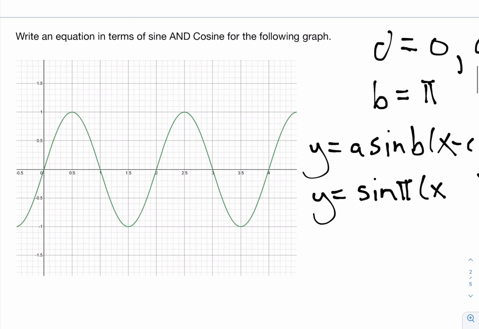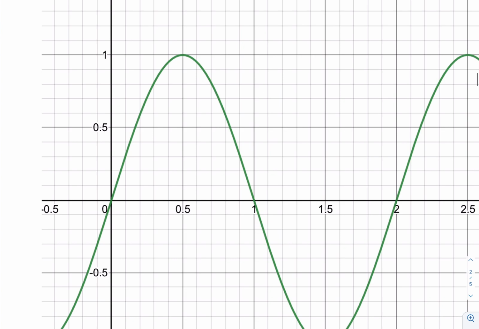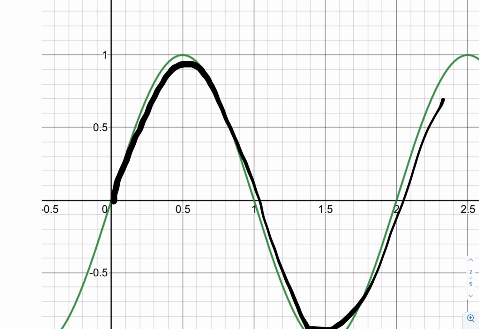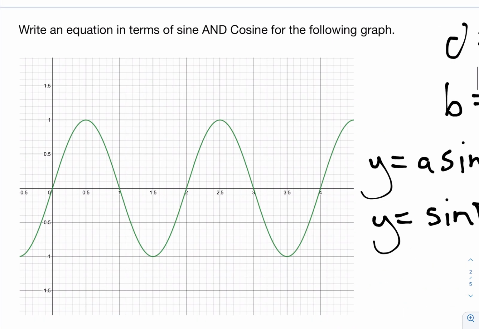Because d is 0, so sine, remember, sine starts at 0 and goes up, comes down, goes up. So since this graph starts at 0 and goes up in the positive direction, that means that we're not shifted at all.